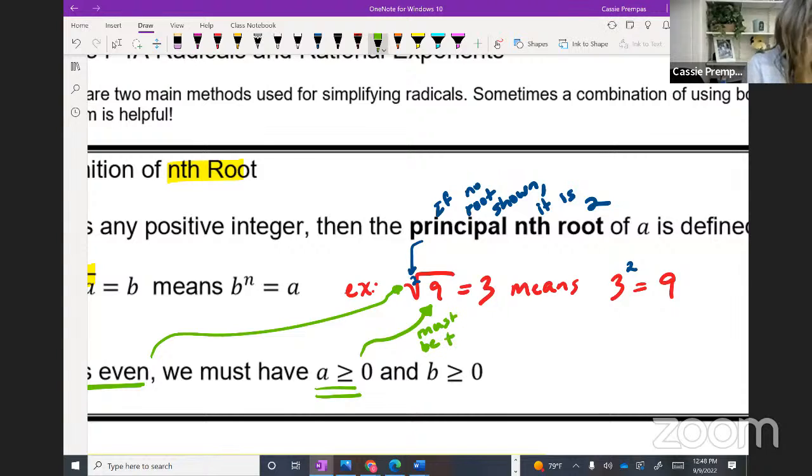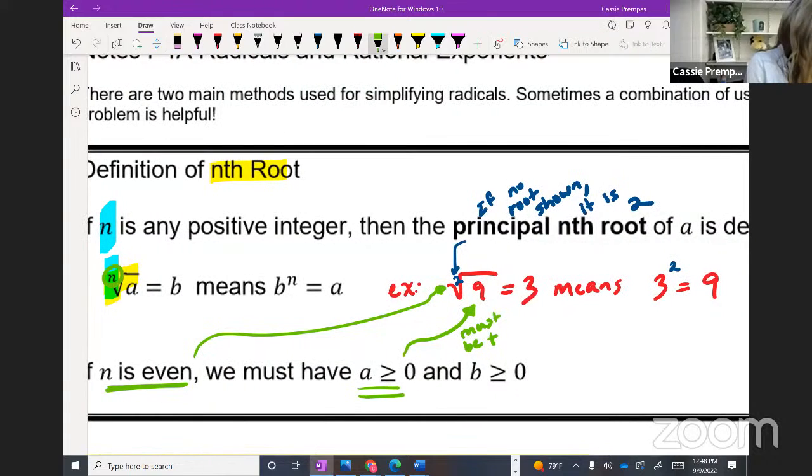And not only that, not only the number under the radical has to be positive, but also the answer. So take a look at how b represents the answer. Here, b is represented with 3. That means that must also be positive. So let me say this in layman terms. If you have an even radical, the number under it has to be positive and the answer to it has to be positive.